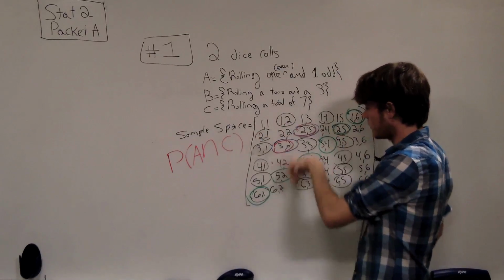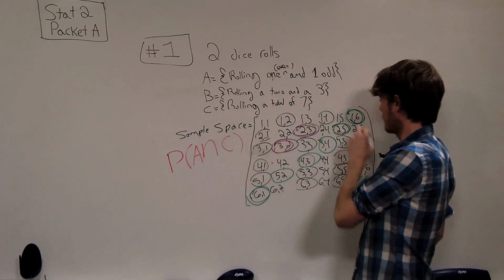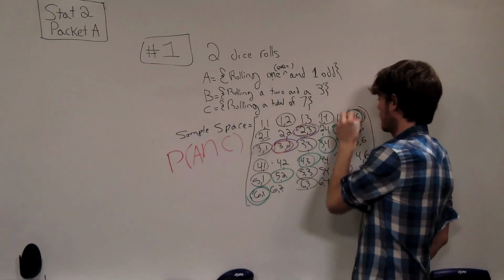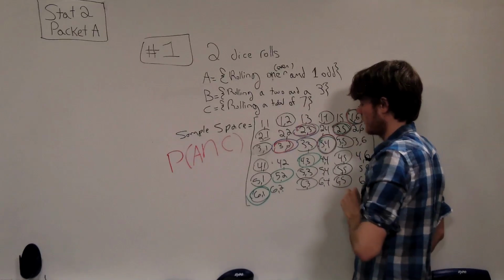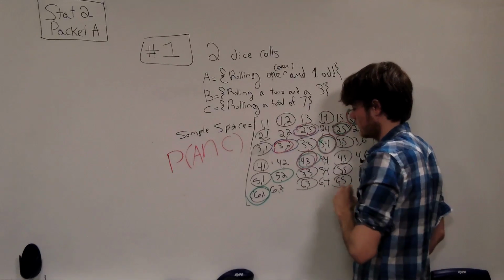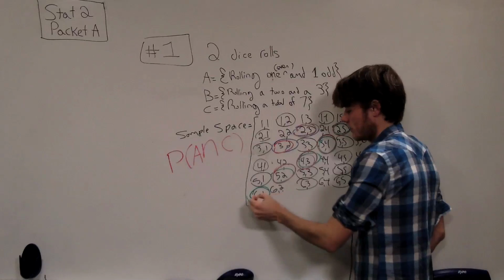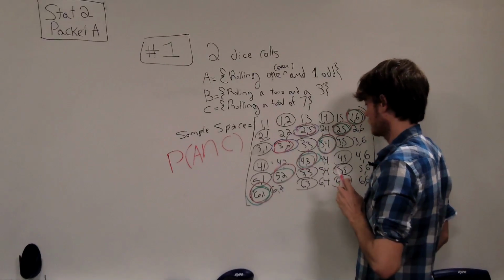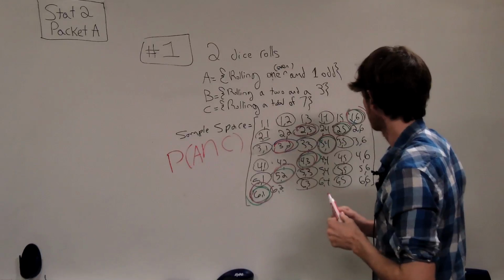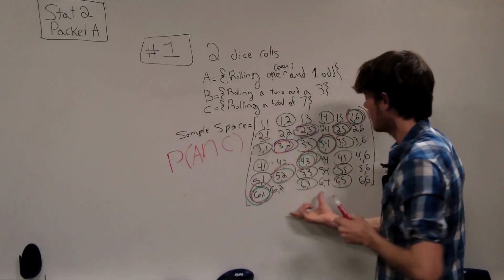Only these 6 total 7, right? So 1 and 6, that's an even and odd. 2 and 5, even and odd. 3 and 4, even and odd. 4 and 3, even odd. 5 and 2. Oh, and 6 and 1 as well.